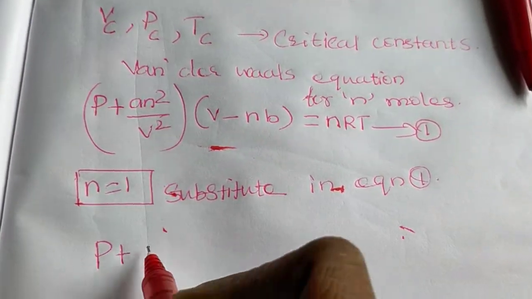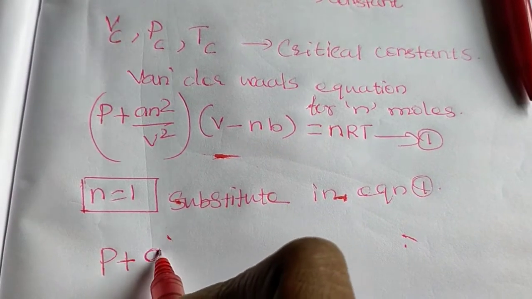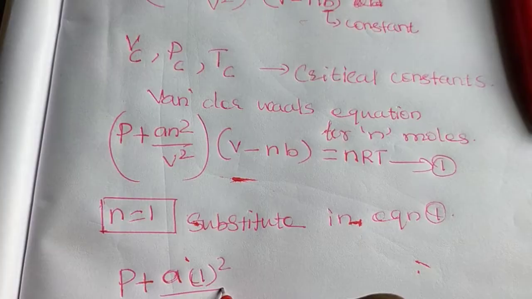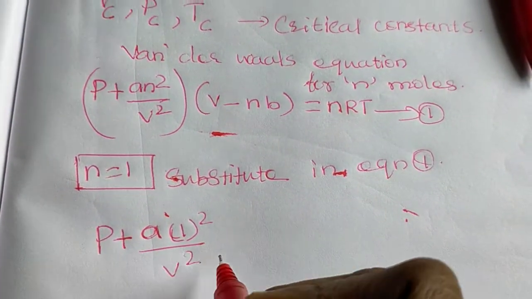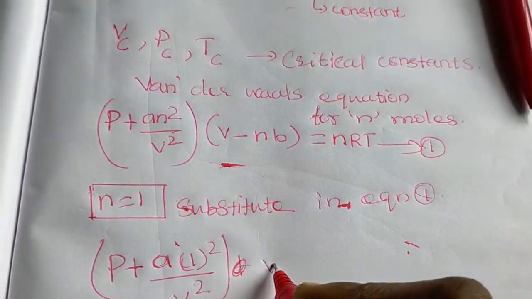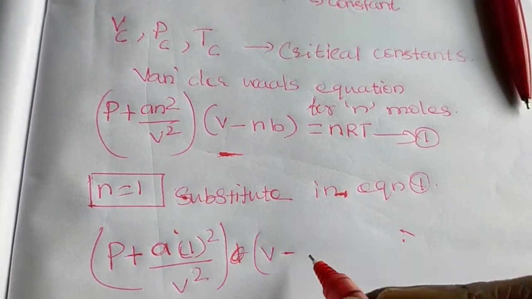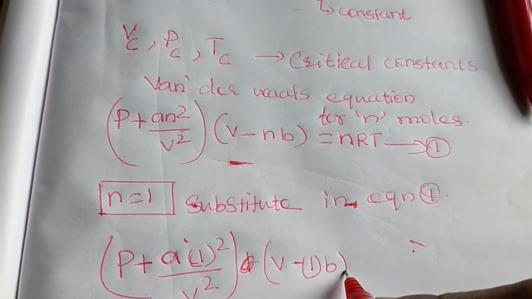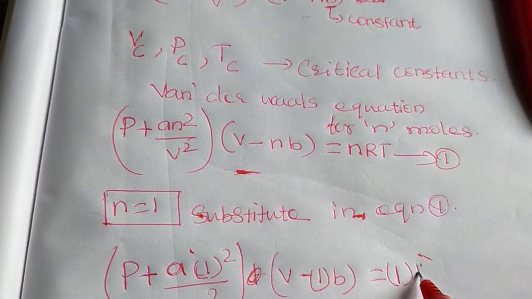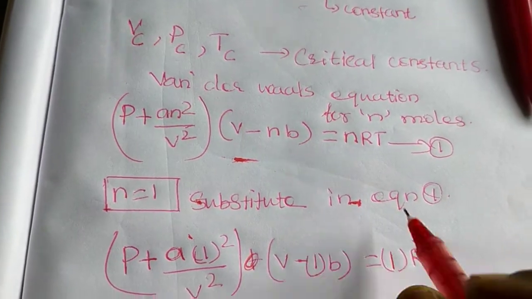Now write the equation: P plus a into 1 squared divided by V squared, times V minus 1 into b, is equal to 1 into RT.